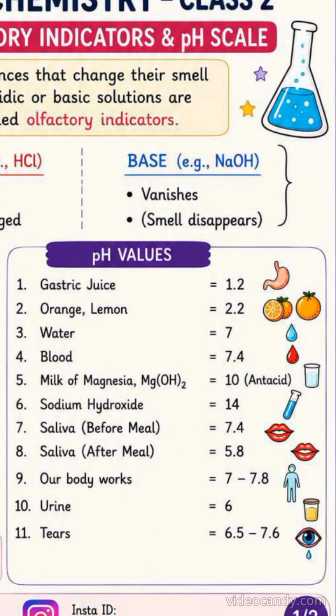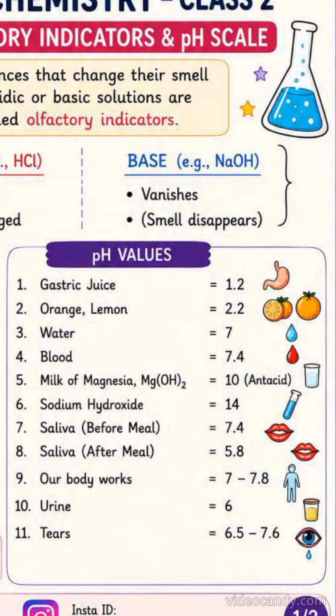Orange and lemon have a pH value of 2.2. Water is neutral in nature, so it has a pH value of 7. Blood is slightly basic in nature, so it is 7.4. Milk of magnesia has a pH value of 10, and it is used to control acidity problems.